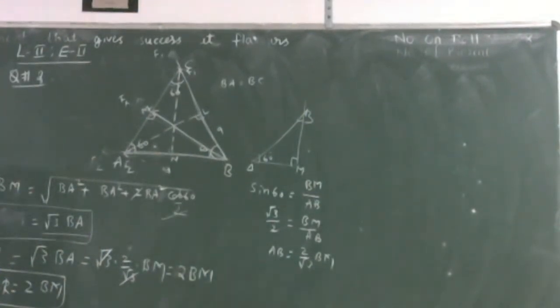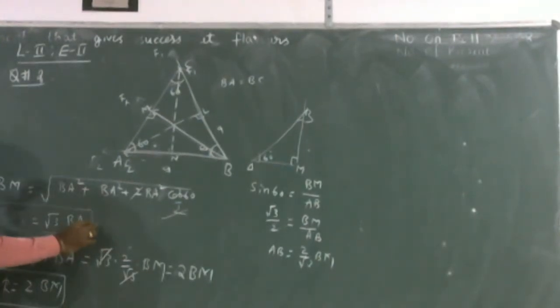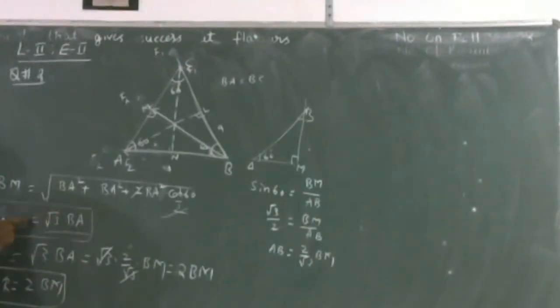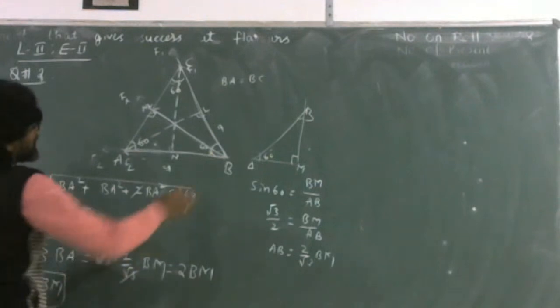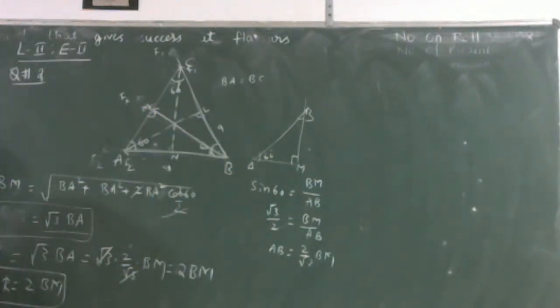In terms of BM, if you express this, it should be root 3 BA. But in terms of BM, they have given that the resultant is along this, but it is 2 times BM, not exactly BM. It is along BM, but it is not BM.